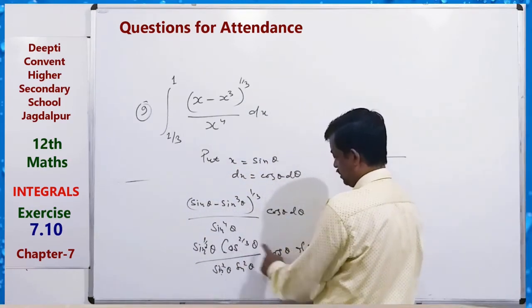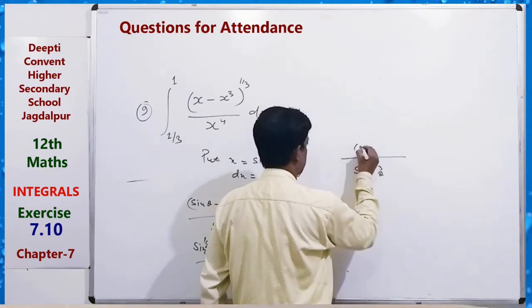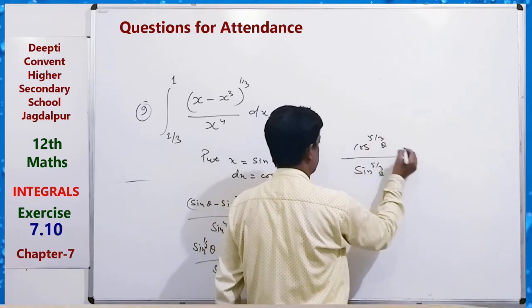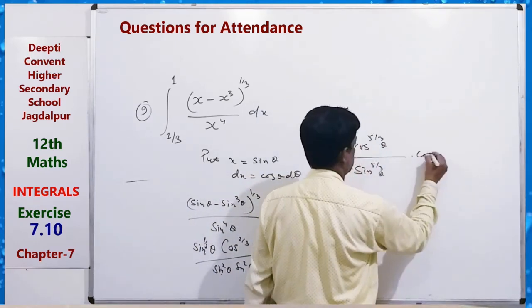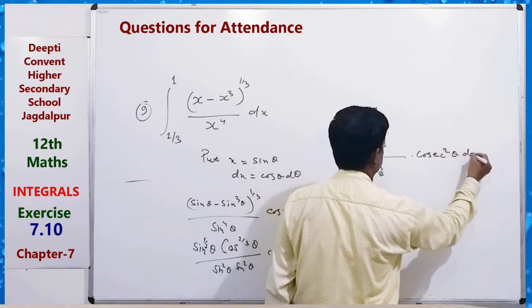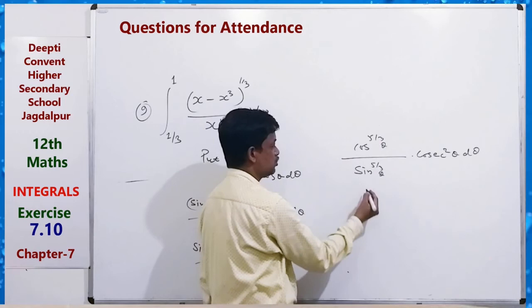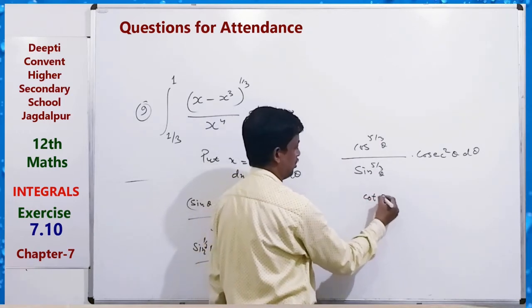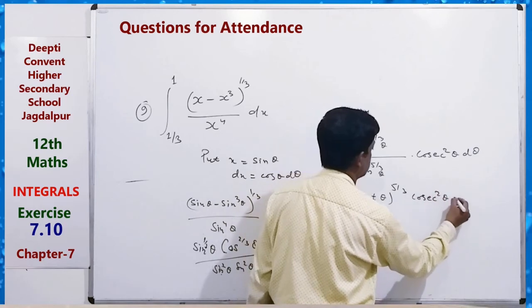And here, combining, we can write cos power 5/3 theta. And here 1 by sin square is cosec square, so cosec square theta d theta. Cos by sin with the same power 5/3, so we can write cot power 5/3 theta and cosec square theta d theta.